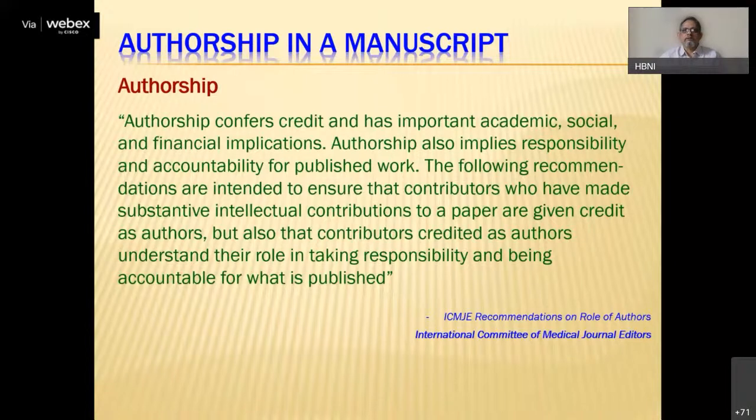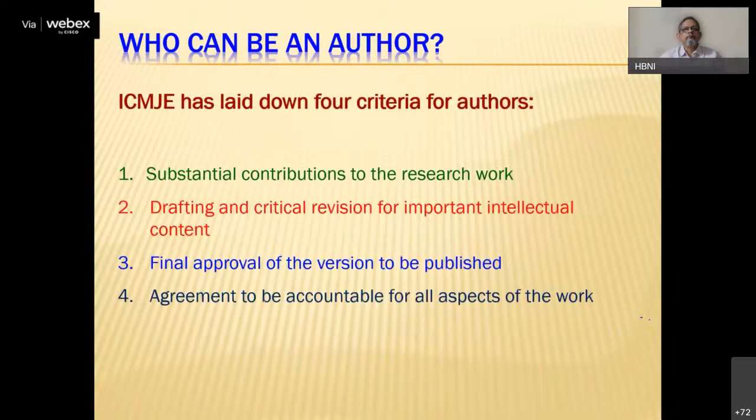So it is very clear what is required from an author and what it means to be an author. They laid down 4 criteria for an author. Who can be an author? The first criterion is substantial contribution to the research work.